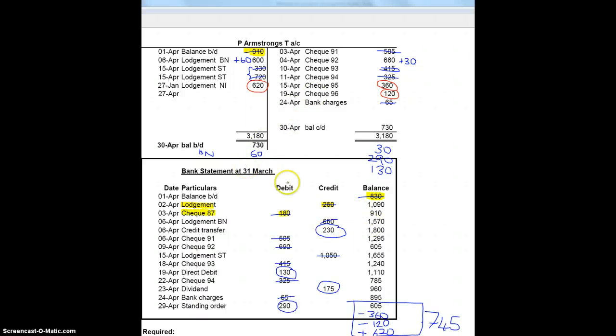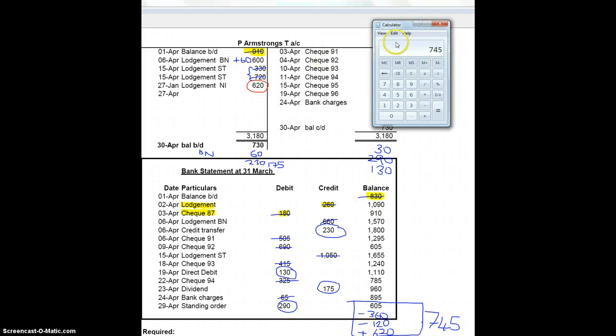So now we show money coming in of 230 and then 175, and that's it. And then if we were to add that up, add up the debit side, 730 plus 60 plus 230 plus 175 gives us 1195, and take away the credit side of 30 plus 290 plus 130, and we get 745.